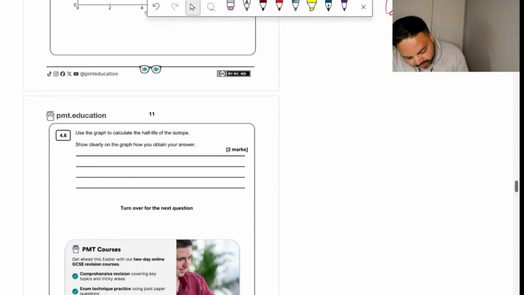Now use the graph to calculate the half-life of the isotope. Half-life, in terms of the definition, there are two definitions that you can give.